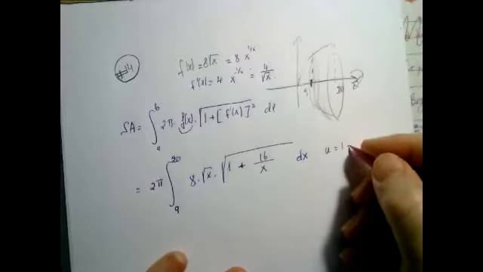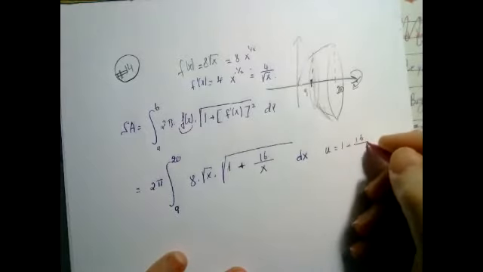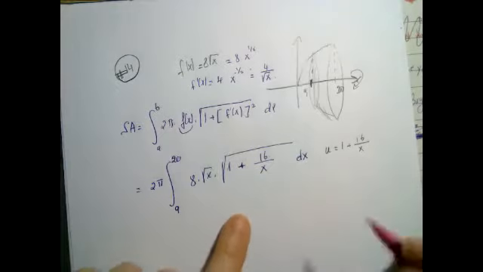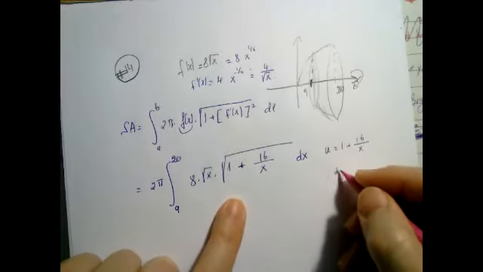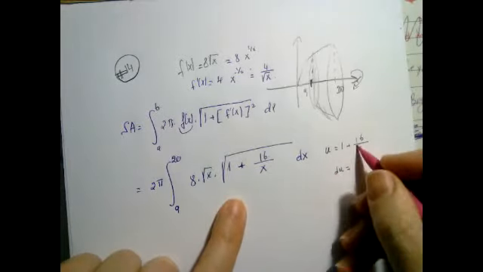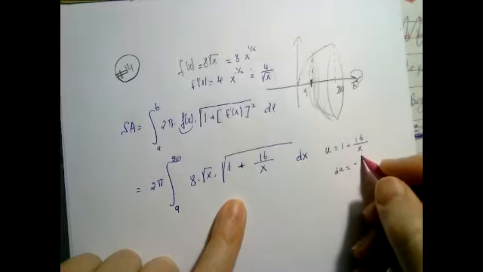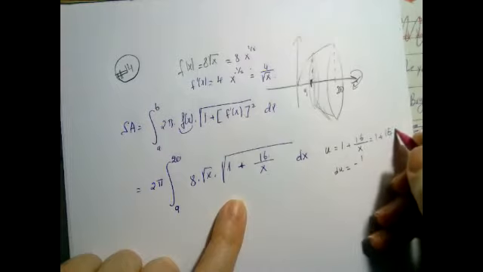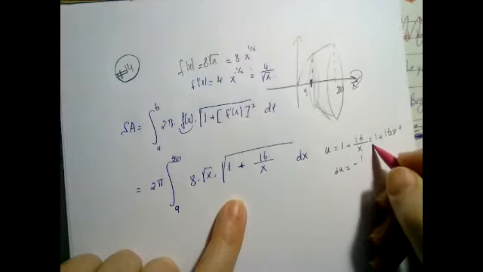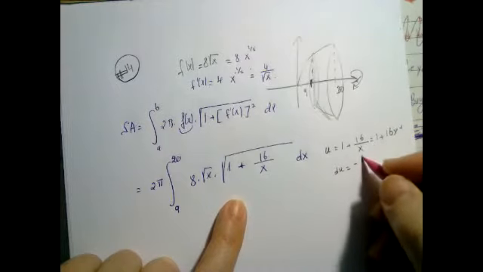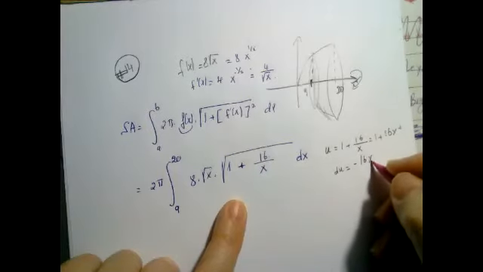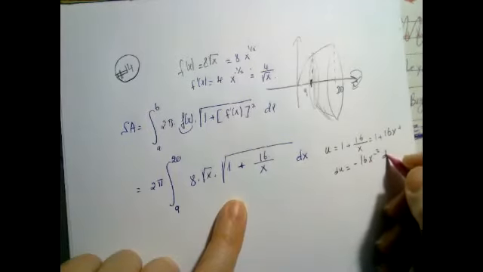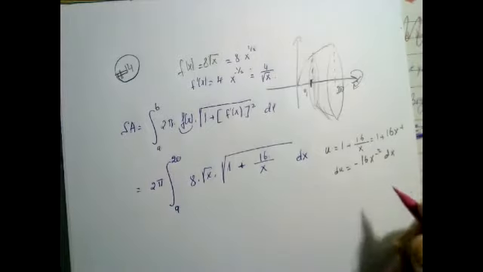So I'm going to write what you said and see what the problem would become. So the du is the derivative. This is 1 plus 16 x to the minus 1. The 1 is 0. So it's minus 16 x to the minus 1 minus 1, x to the minus 2, dx.